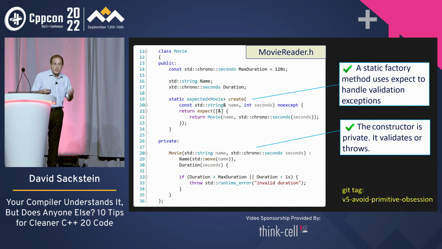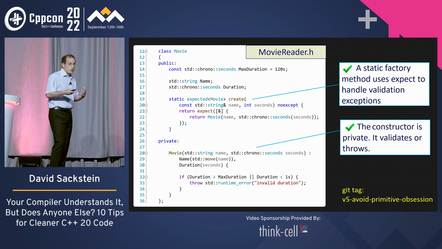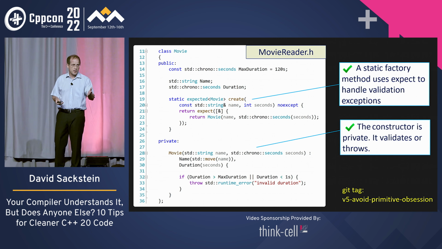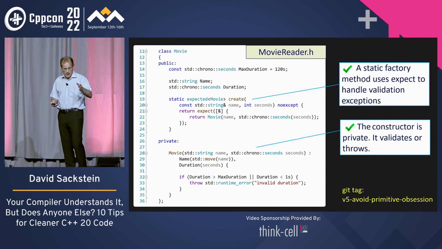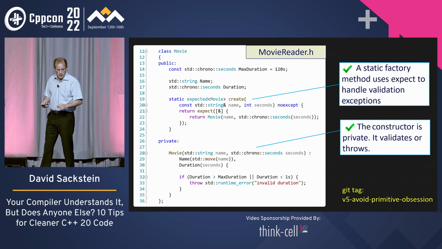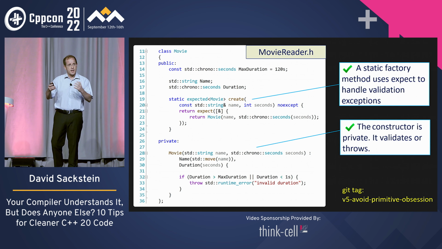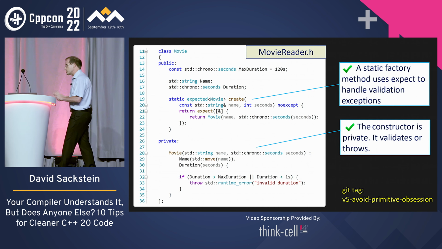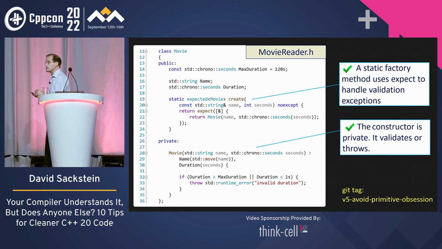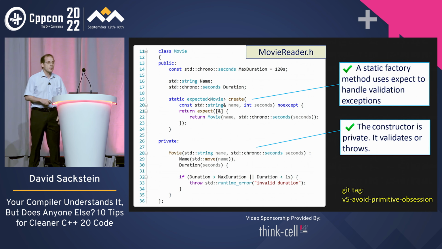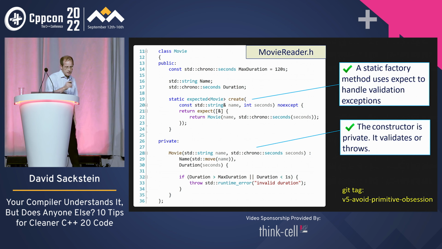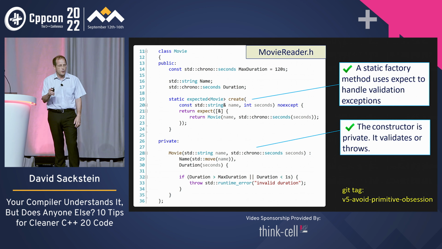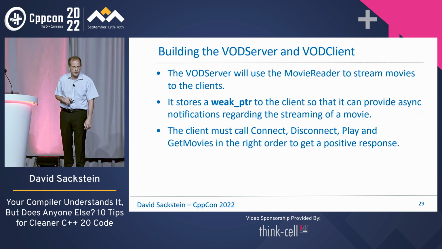If an attempt was made to create an object with incorrect values, the constructor will fail and throw an exception, and the static factory method will use expect to catch the error and return unexpected. This is how I've solved the problem of primitive obsession, particularly in the case of movie, in the project. If you look at v5, avoid primitive obsession, you can see that implementation.